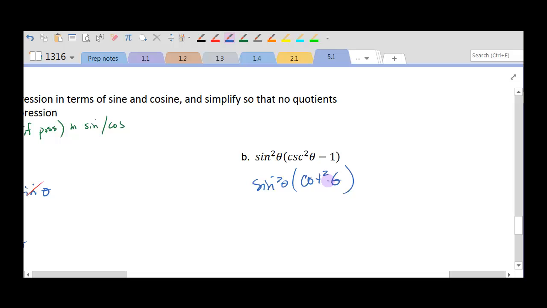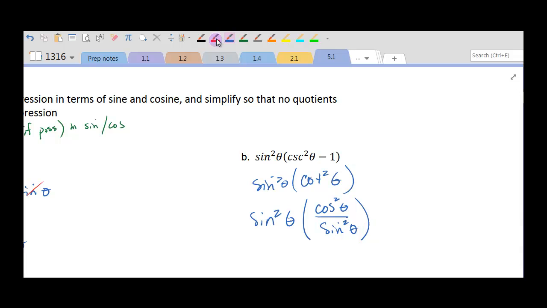Now again, I'm wanting to simplify this as far as I can and get rid of cotangent, so I replace cotangent squared. I know that I can rewrite this as cosine over sine, but since it's cotangent squared, I would have both of these squared also.